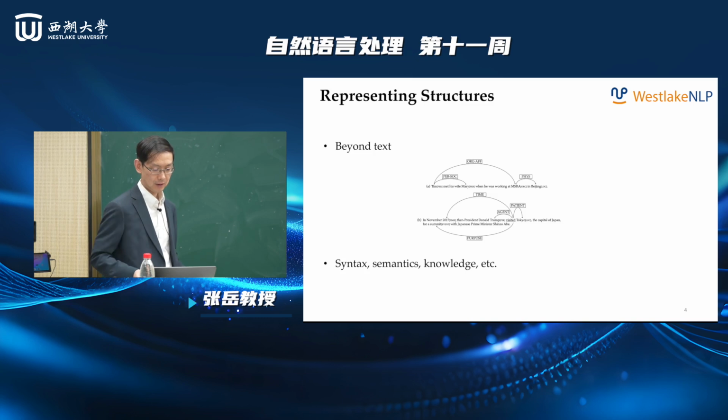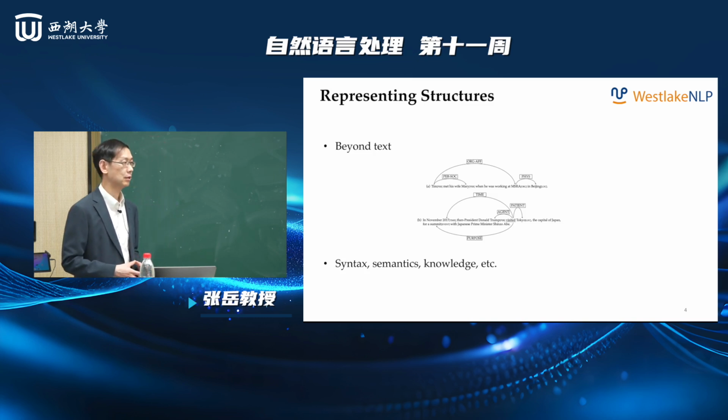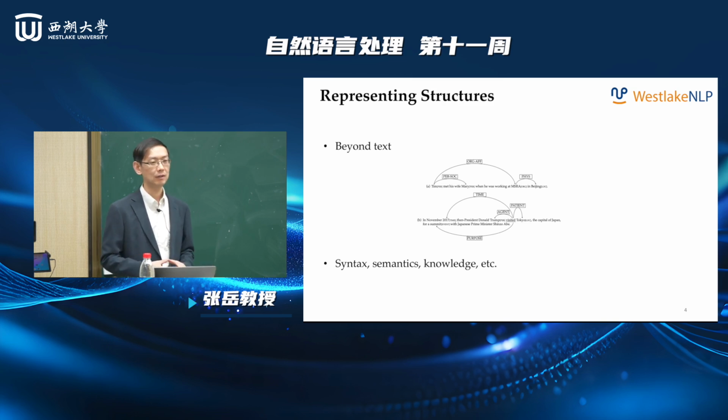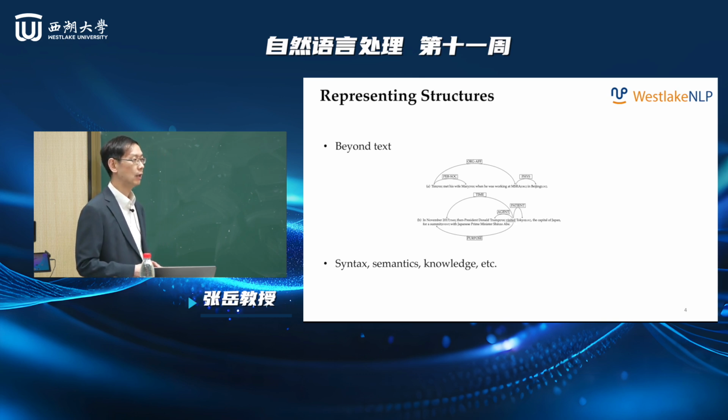So these are some examples of structures that could be useful. We learned how to give part of speech to a sentence. We learned how to give dependency trees, constituent trees, and we also saw some structures in week 1. For example, relations between entities.